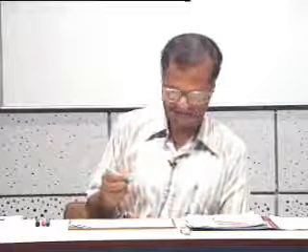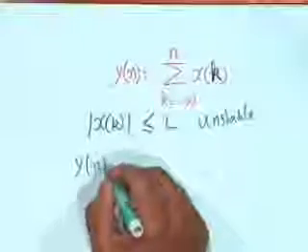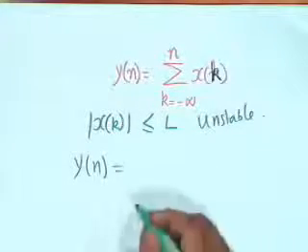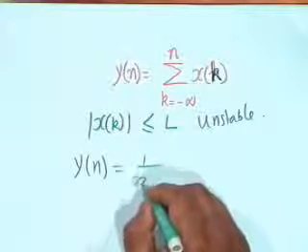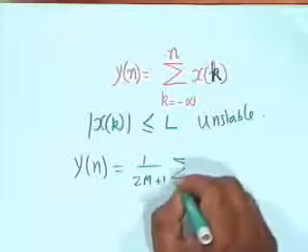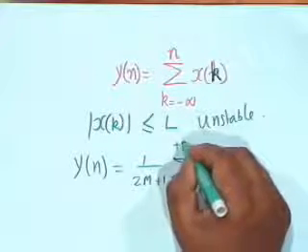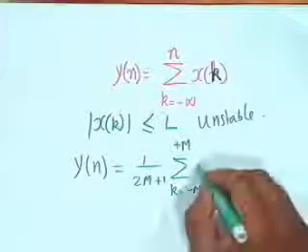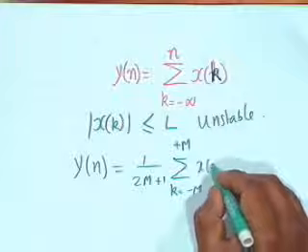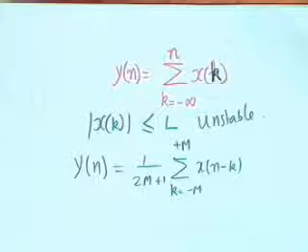Let's take another system. I have another example. y of n, again a discrete time system, 1 by 2m plus 1, summation k equal to minus m to plus m, x of n minus k. Is this stable or unstable?